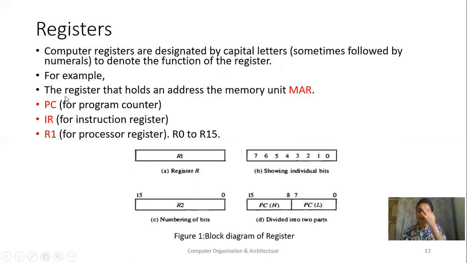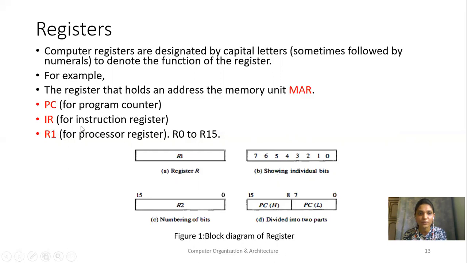For example, suppose R1 is an 8-bit register. That means it has 8 different flip-flops, 0, 1, 2, 3, 4, 5, 6, 7, so you can store a total of 8 bits there. If your register is 16 bits, you can number the individual bits from 0 up to 15. You can also represent a register in two parts, upper part and lower part.